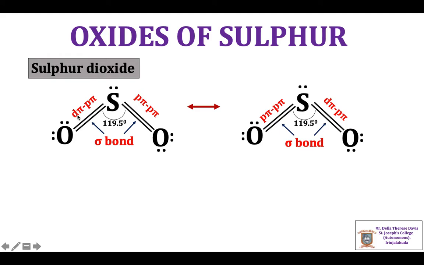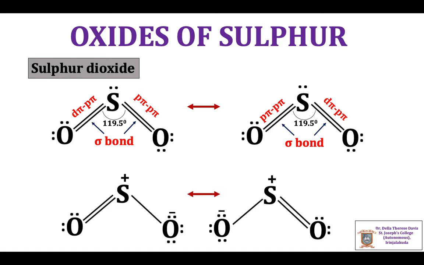The 3d unhybridized orbital containing 1 electron overlaps with the p orbital of the other oxygen to form d-pi-p-pi bond. In the resonance structure, the d-pi-p-pi and p-pi-p-pi bonds are interchanged. Resonance structure of sulfur dioxide can also be represented like this.